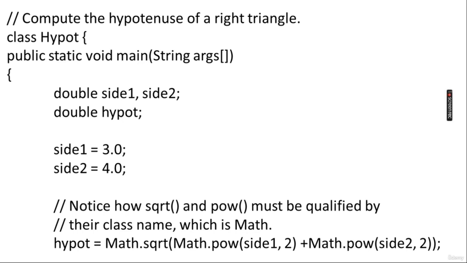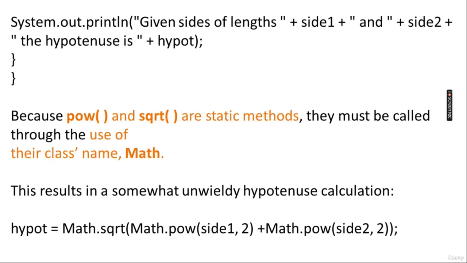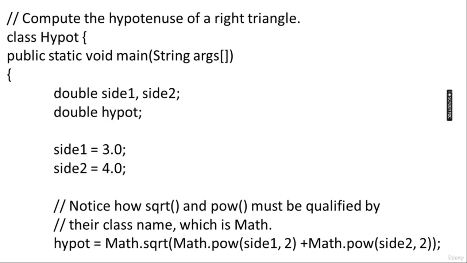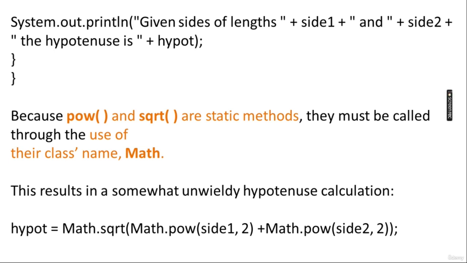Math.sqrt(Math.pow(side1, 2) + Math.pow(side2, 2)). Given the side lengths side1 and side2, the hypotenuse is calculated over here: the first side squared plus the second side squared, and its square root is the hypotenuse. Because pow and sqrt are static methods, they must be called using their class name Math. This results in a somewhat unwieldy hypotenuse calculation.